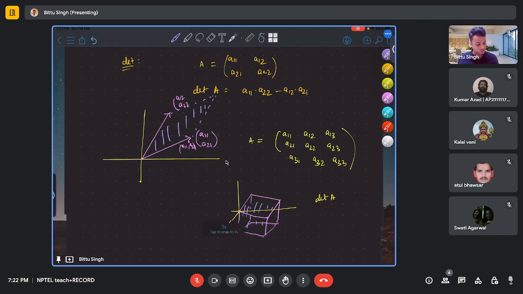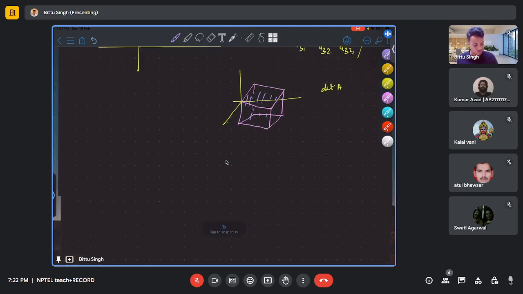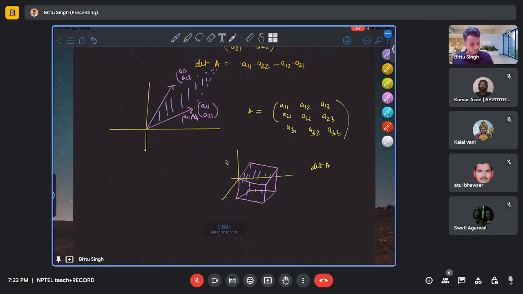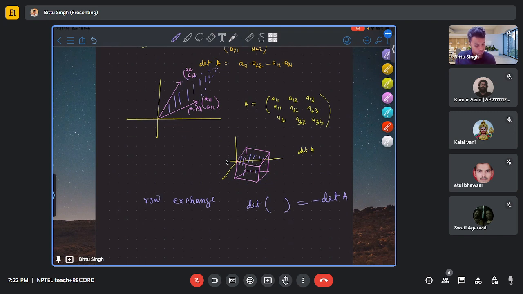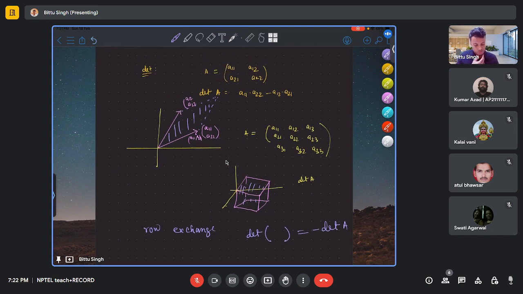You can notice that if you exchange the first and second rows, then the determinant after exchanging will be the negative of the determinant of matrix A. Why?